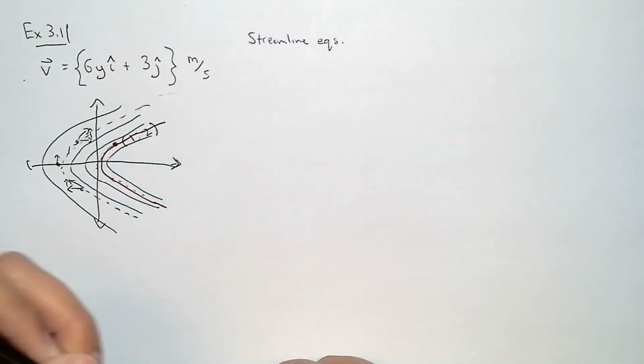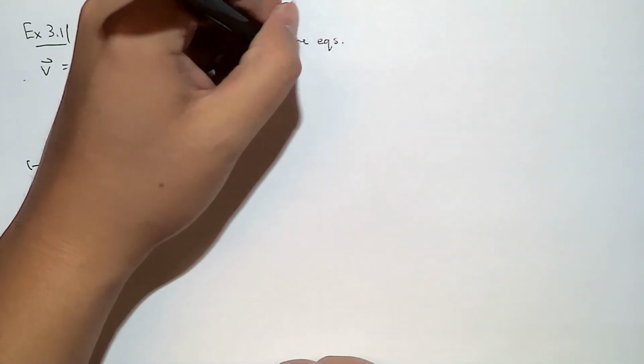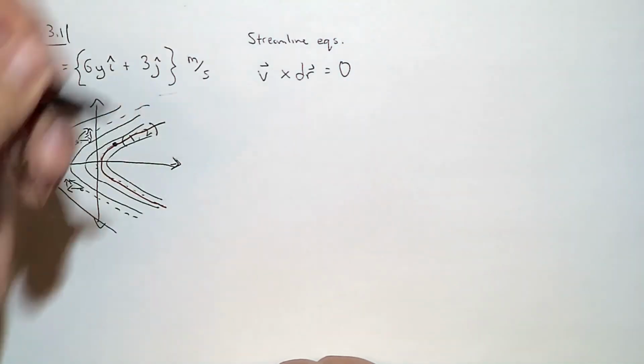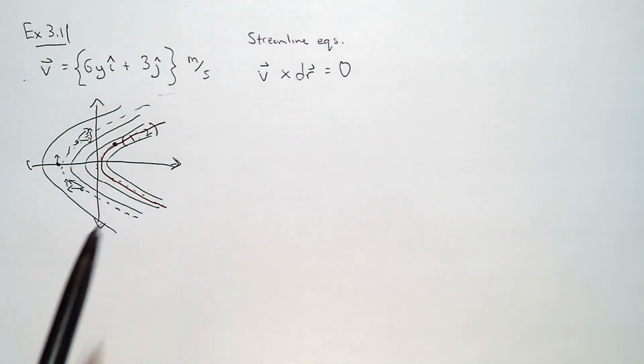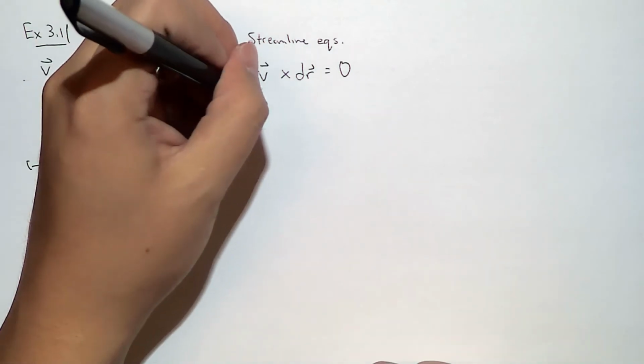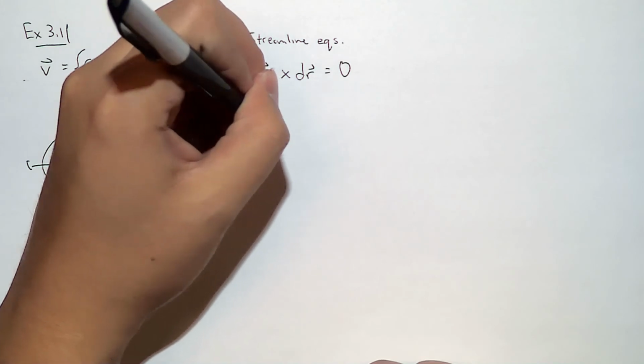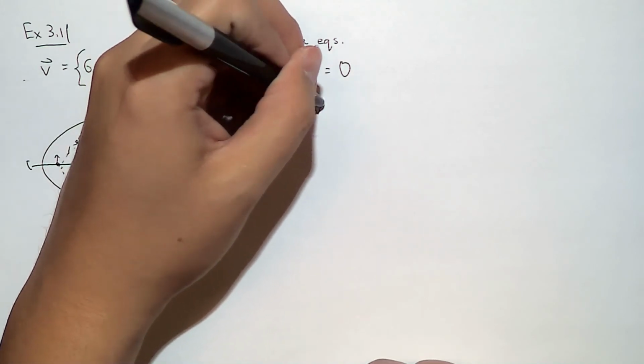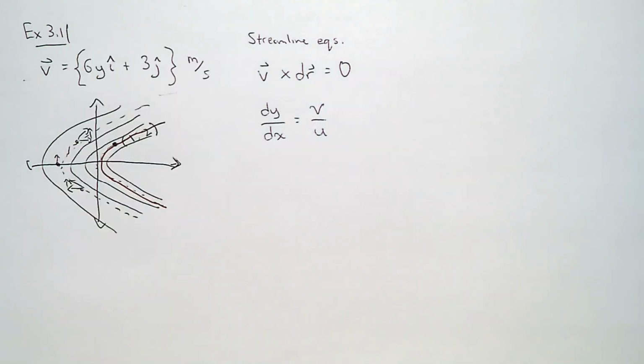Now, of course, we can write the vector form of the streamline equation, but how many dimensions does this flow field have? 2. So can we just skip to the scalar form that we just derived? Yeah. So let's go with the scalar form. dy over dx equals v over u. And let's see if we can solve this streamline equation.